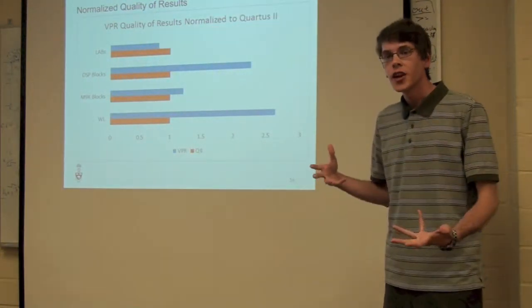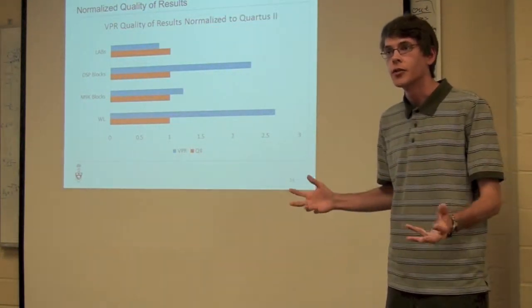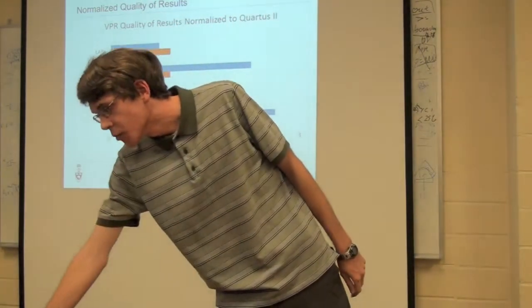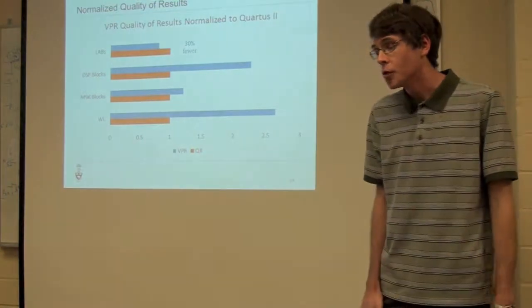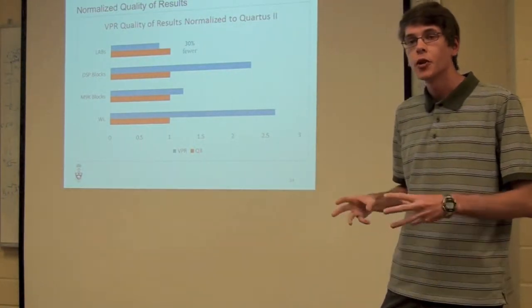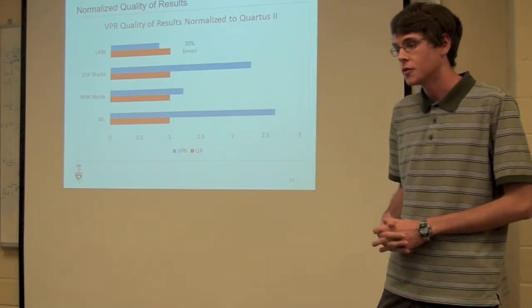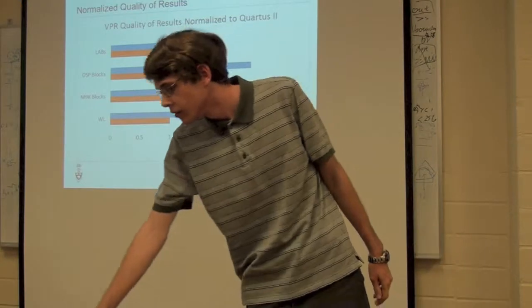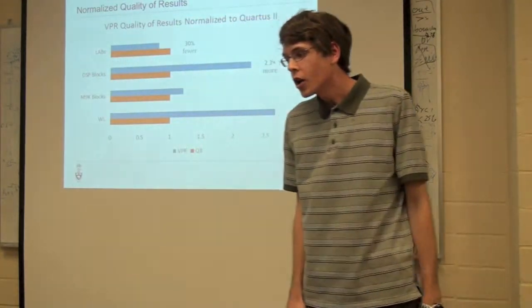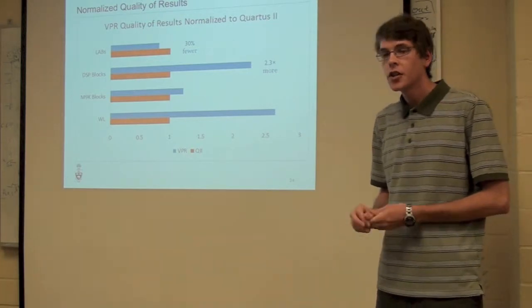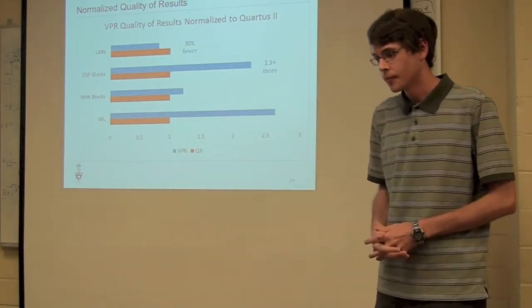So it's also useful to try and get a gauge for the relative quality that these tools are producing. Looking at the number of logic blocks used, we found that VPR actually used about 30% fewer logic blocks than Quartus 2. And as we'll see, this is somewhat related to the wire length gap as well. For the DSP blocks, VPR had more trouble packing them efficiently, so it ended up using about 2.3 times more.